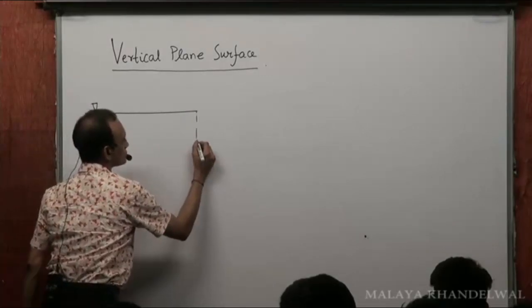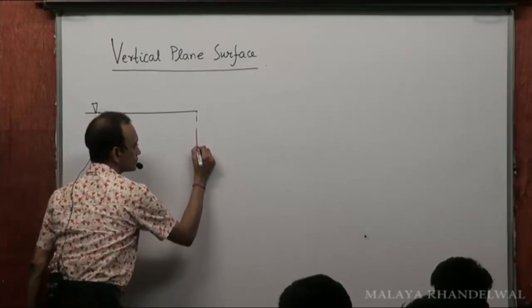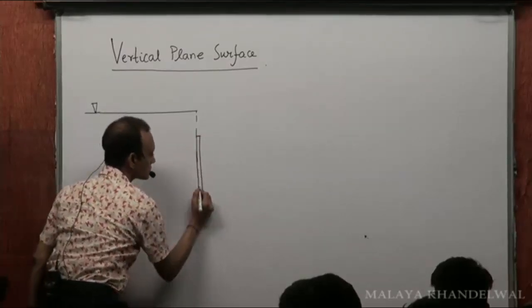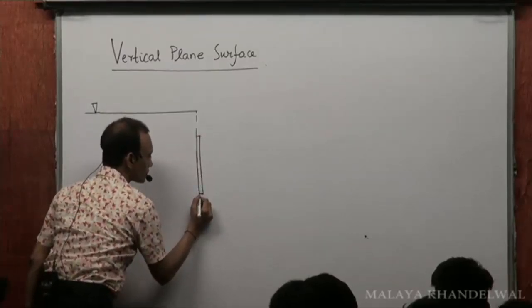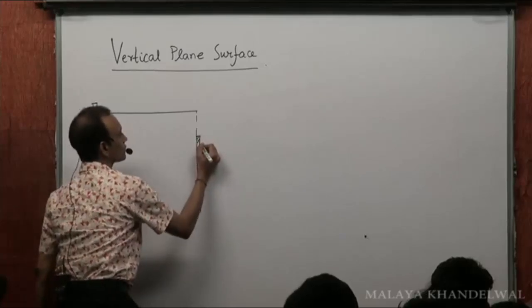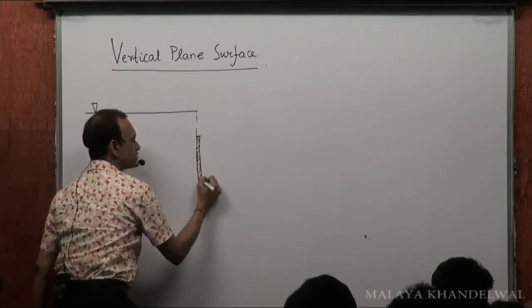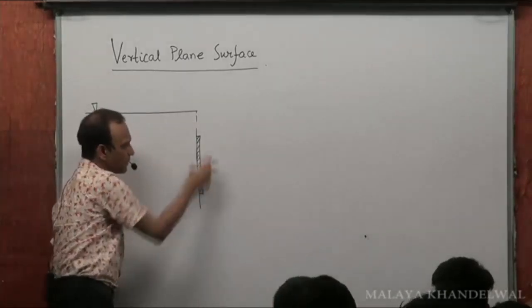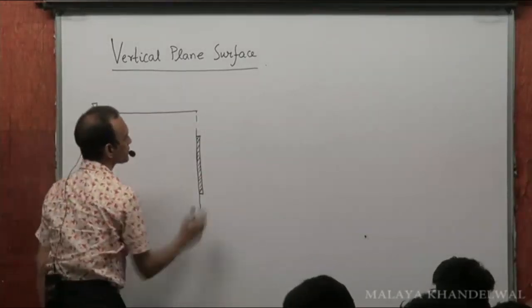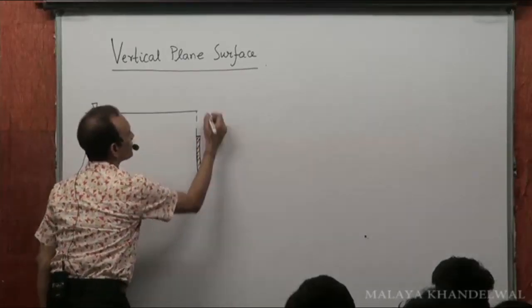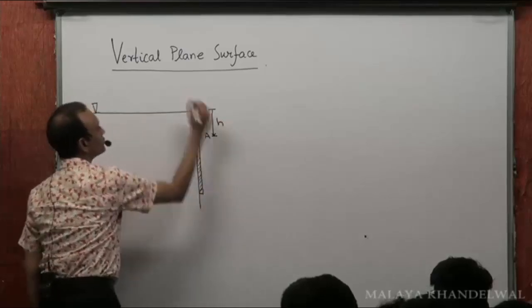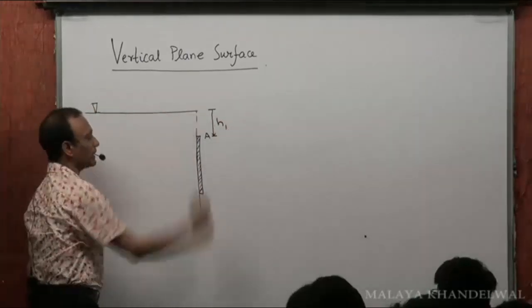And this is a plane surface, laminar, of small uniform thickness, whose upper end A is at a depth h1 below the free surface, right?